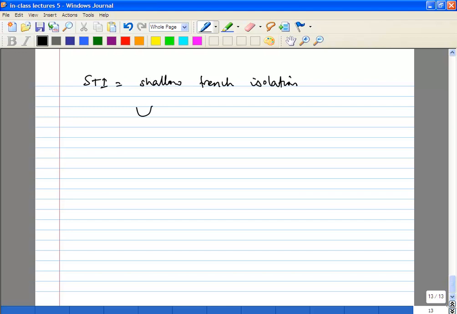If this is your transistor, you basically have some kind of trench on the sides. Because of, let's say, temperature changes, these trenches cause some amount of stress to the desired transistor, and the closer they are, the more stress they exert.